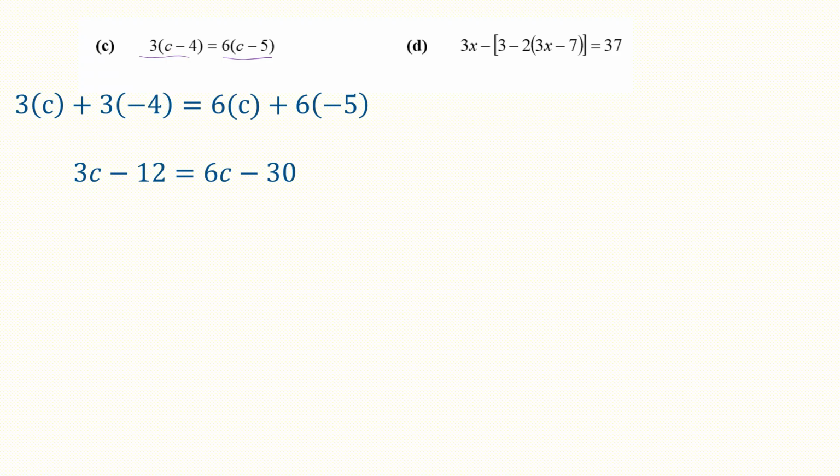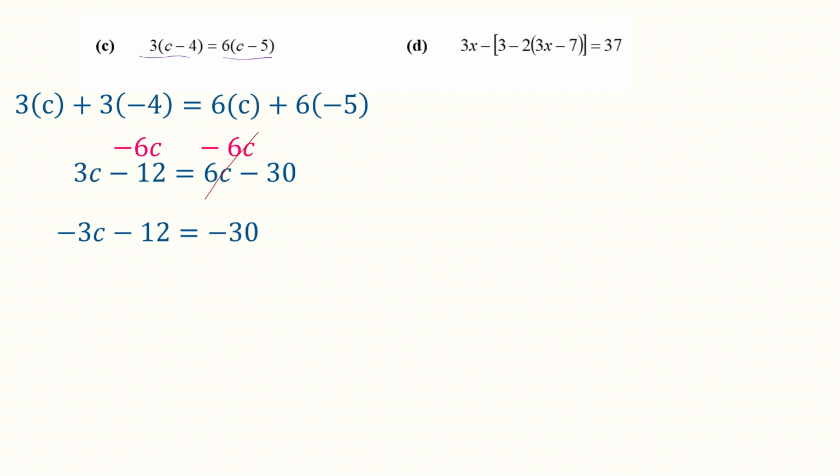Right, and I'm going to group all the terms with the variable c together. So I'm going to find the zero pair for 6c. That is negative 6c on both sides. So I would have 3c minus 6c giving negative 3c, minus 12 equals negative 30, because this and this give me 0.